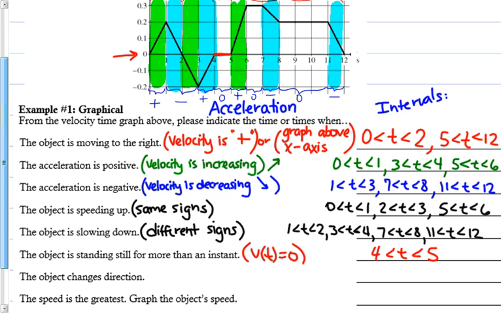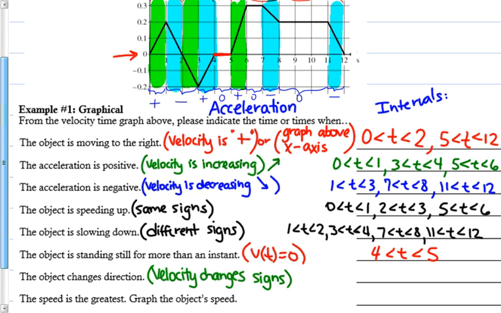Next, the object changes direction. The object changing direction depends on where velocity changes signs. So that means, when does velocity go from being negative to positive, or positive to negative, vice versa works as well.